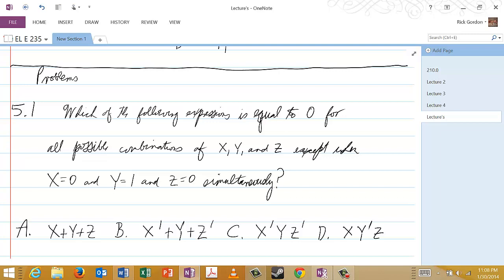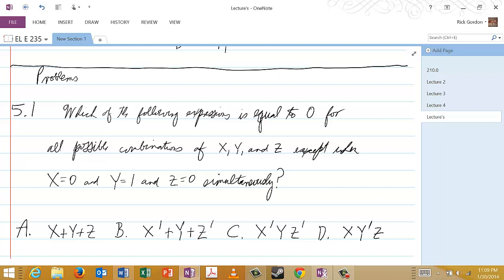So I'll just give you a little hint on this one. Since we have 3 Boolean variables here, we have 2 to the third power, or 8 possible combinations of x, y, and z. We could have 0, 0, 0, 0, 0, 1, 0, 1, 0, 0, 1, 1, 1, 0, 0, 1, 0, 1, 1, 1, 0, and 1, 1, 1.